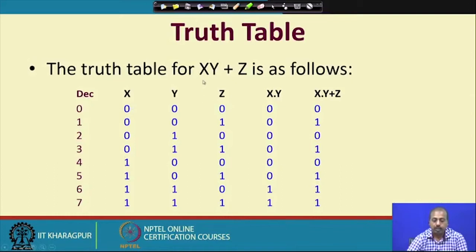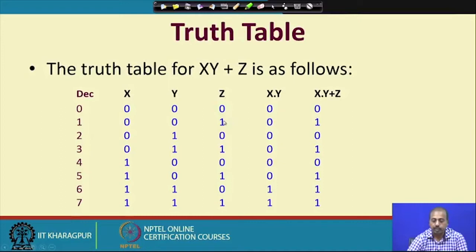Now, if you look into the term x y or x dot y, it is an AND of x and y. So, I can write down this part. This is 0, x y is 0, similarly this is also 0. Only when x and y both are 1, this x y part becomes 1. And for x y plus z, z is also there. Whenever x y is 1 or z is 1, the x y plus z is 1.